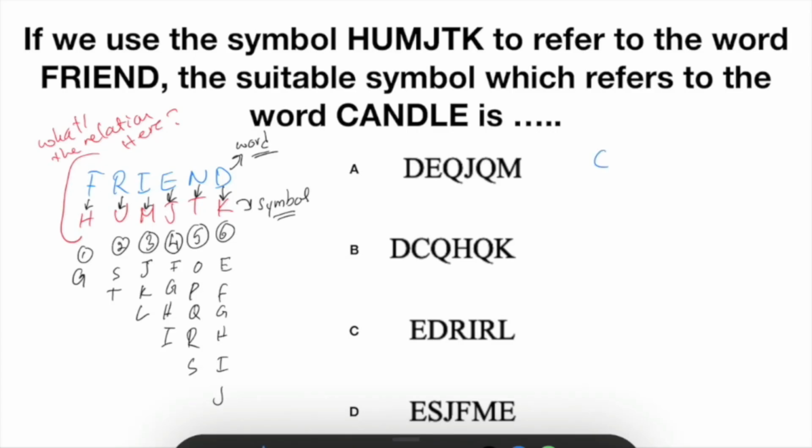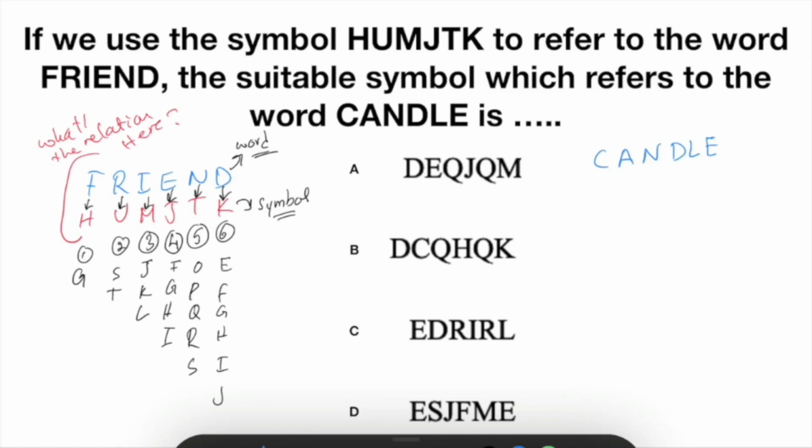Okay, so if I can do this with the word candle, can I reach the symbol that refers to the word candle? Okay, let's try to do the same.